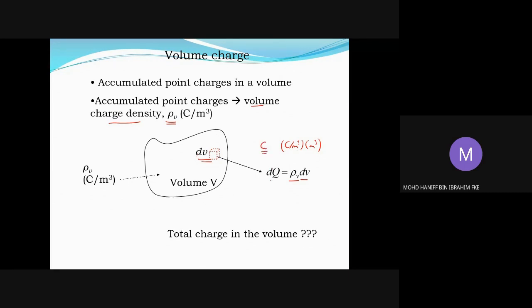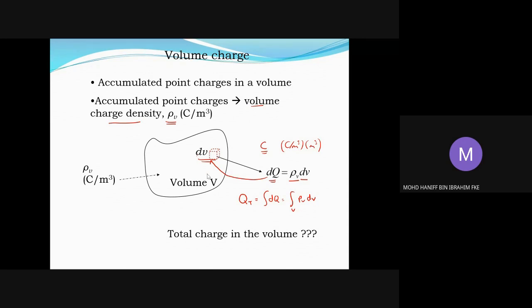That charge dq is the charge contained inside this dV element. From here we can calculate the total charge Qt for the given charge structure as the integration of dq, which is the integration of rho v dV over the volume of the given problem. That's how we define the total charge for the case of volume charge.